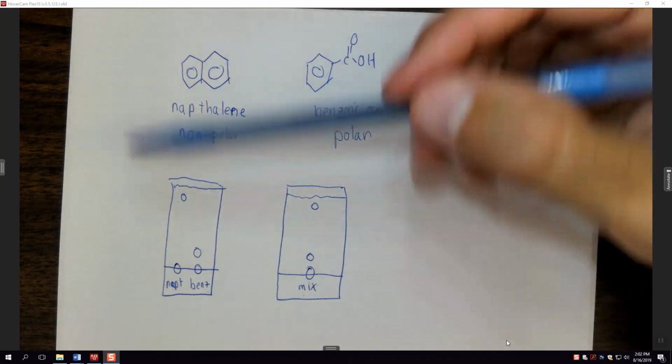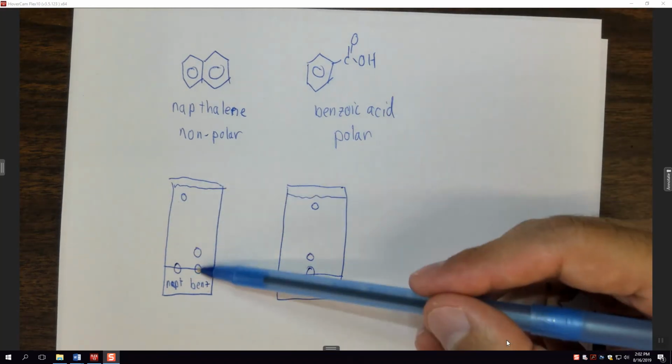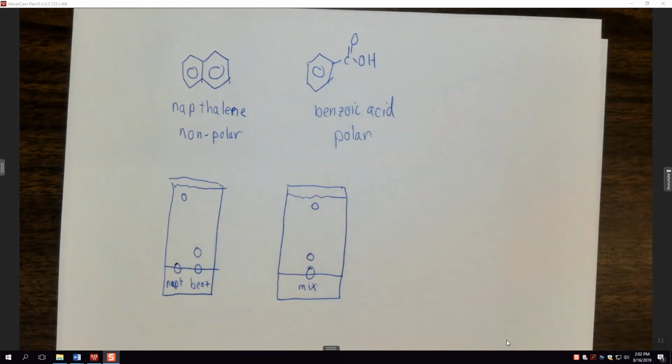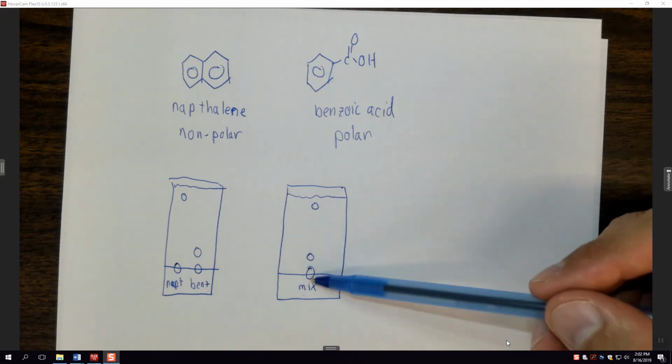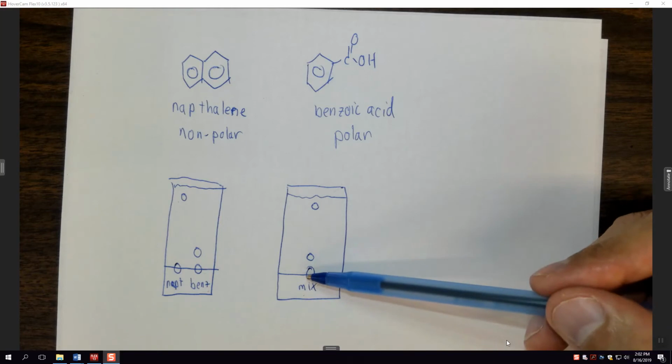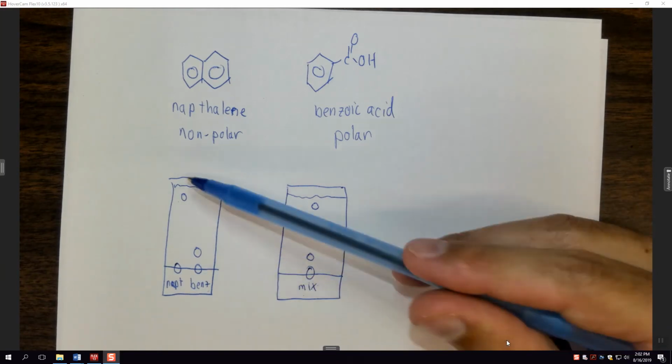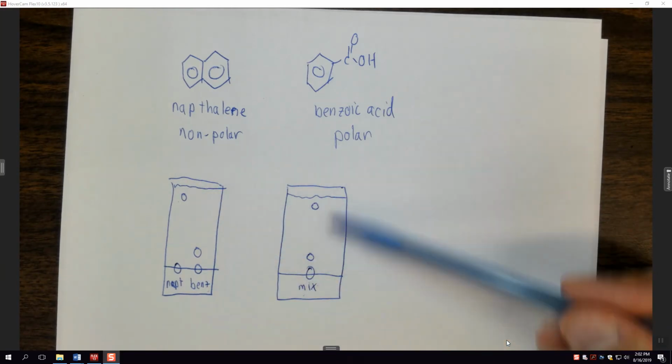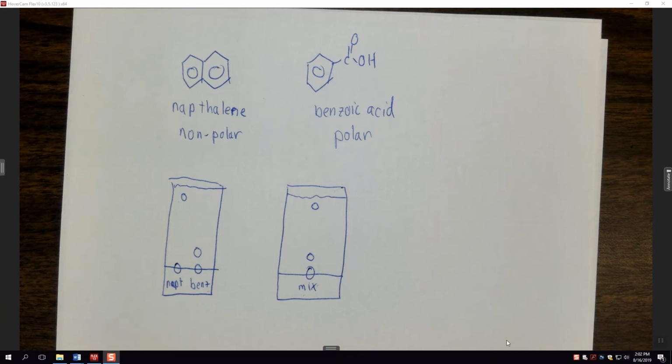So a couple of things by way of quick review. First, analytes travel different distances on TLC plates based on their relative polarity. Second, if we have a mixture of compounds and we can separate the two compounds from one another, we can separate out a mixture, which is very important if we're trying to analyze whether something is a pure substance or a mixture.